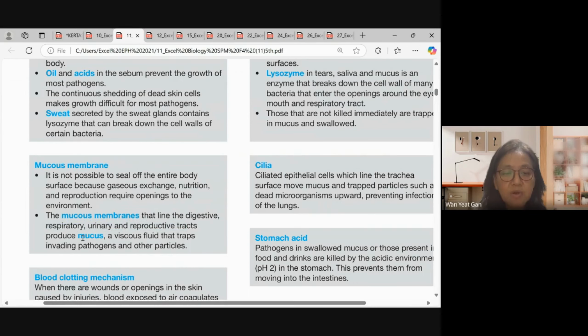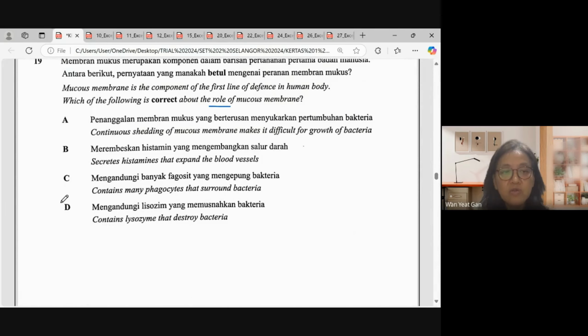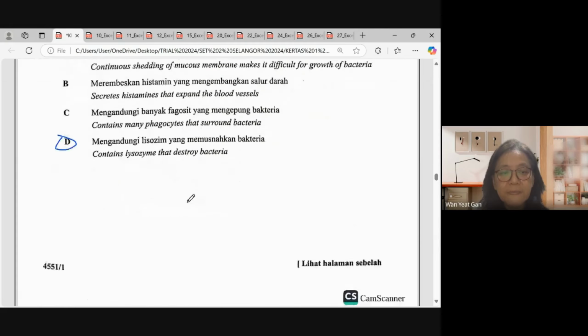It also produces mucus, and it also contains the enzyme lysozyme, which destroys bacteria. Okay, answer is D.